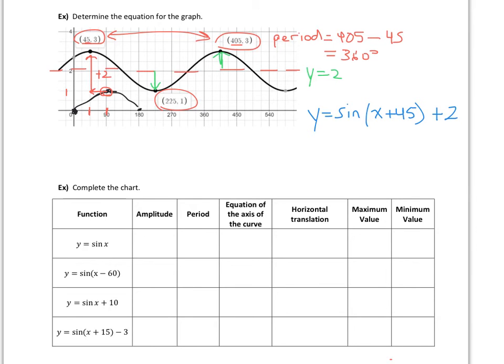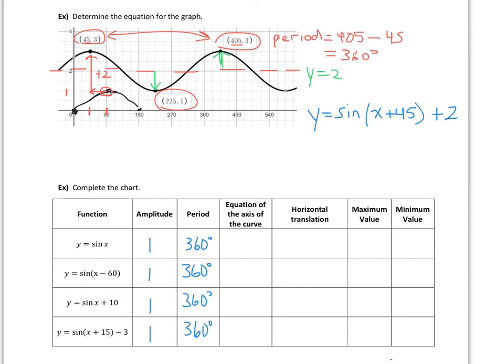All right, the last part here is we're going to complete this chart by filling in what we know. So far, we have not looked at any curves that have, for this lesson, an amplitude other than 1. So for all of these, they still have an amplitude of 1. And similarly, all of these curves had a period of 360 degrees. Still took 360 degrees to complete one cycle.